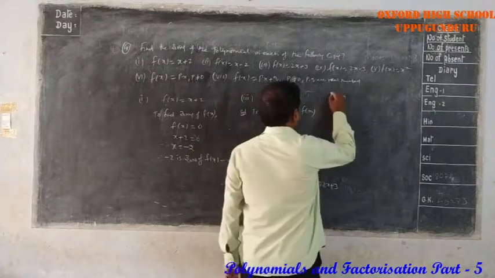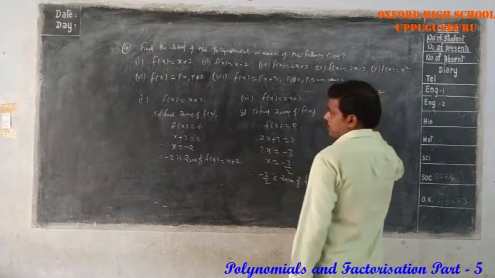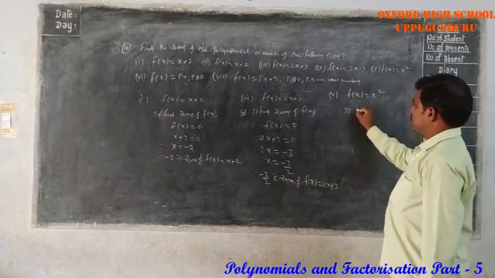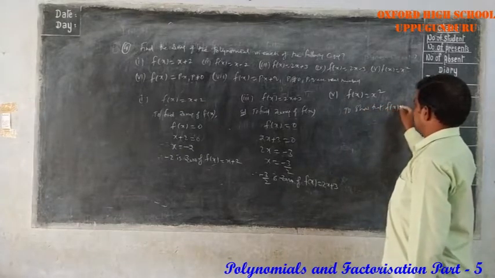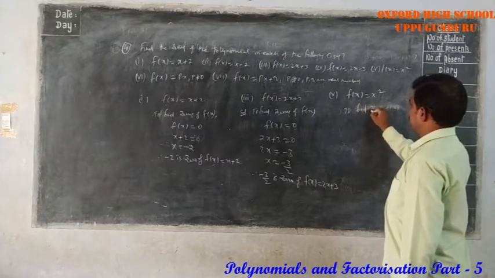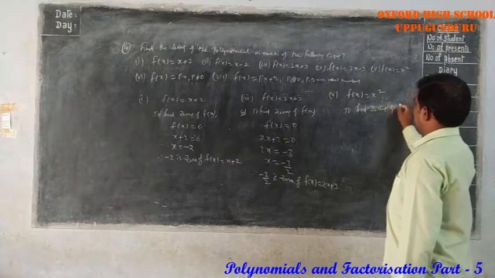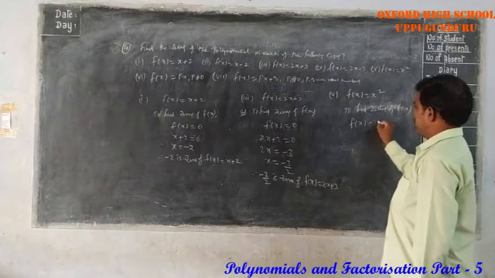Now the fifth one, f of x equal to x square. To find zeros of f of x, f of x should be 0.